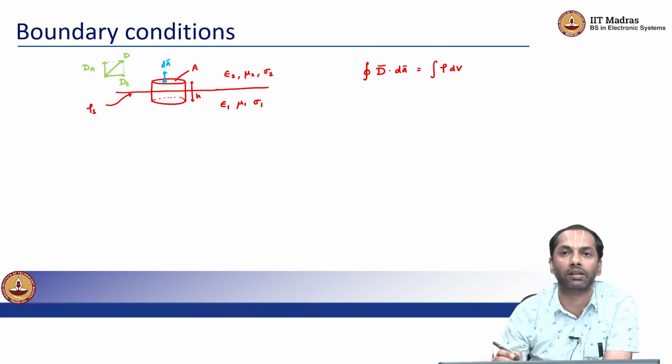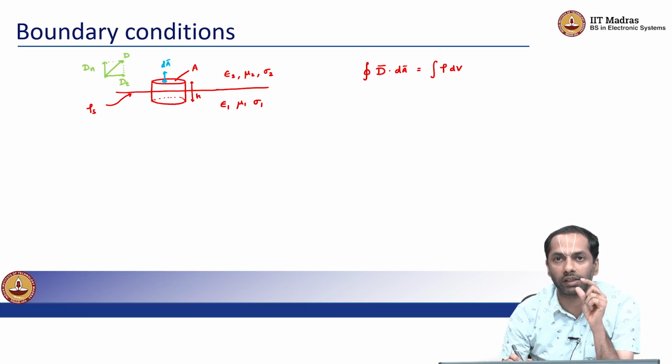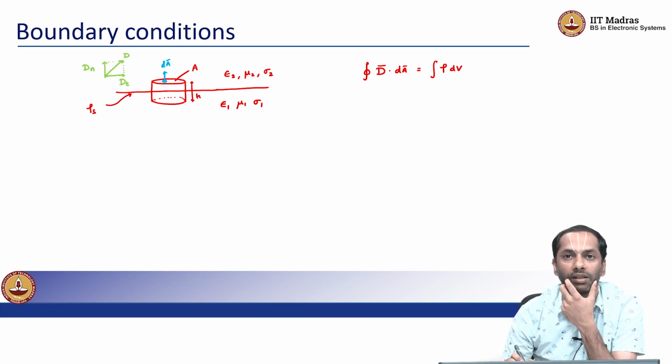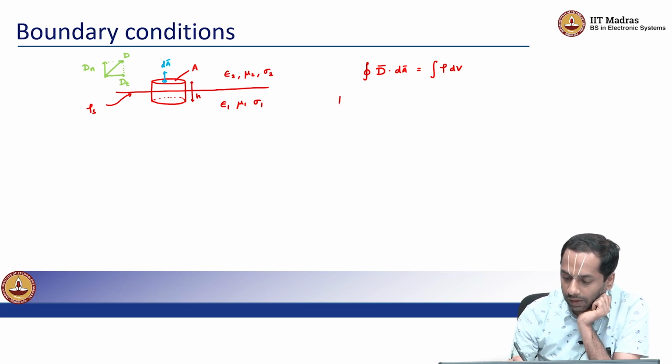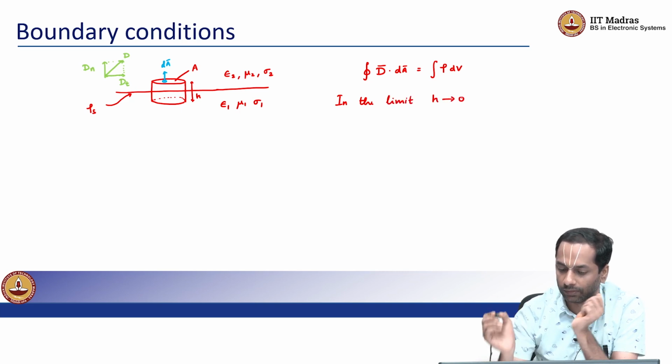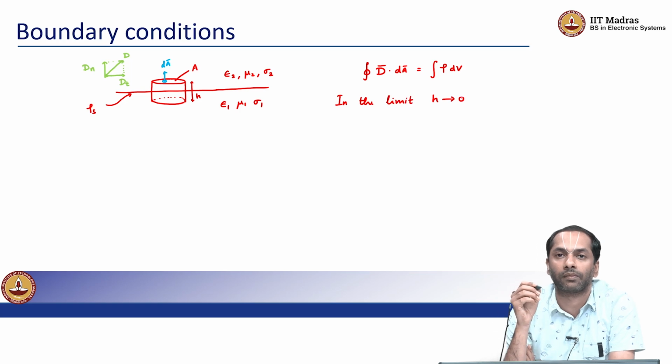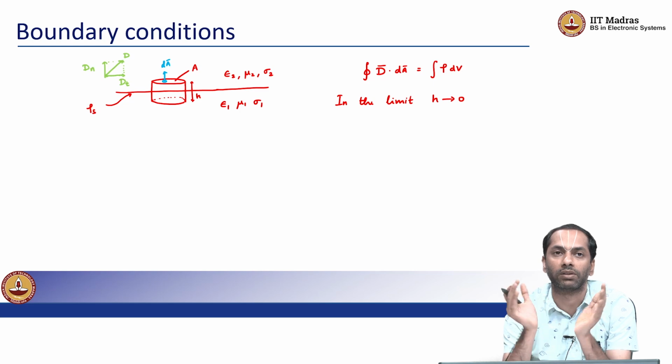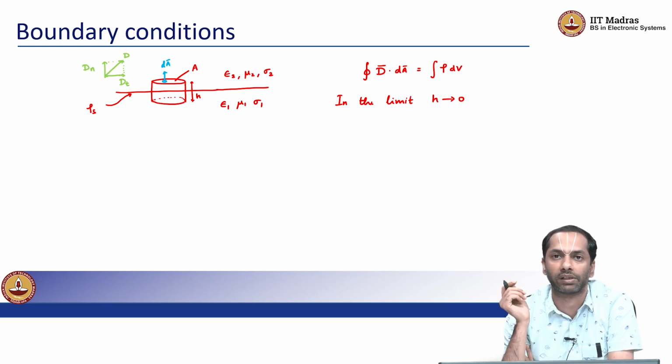So the trick here that we are going to do to get the boundary condition is, remember that we are going to make h arbitrarily small, right. So, in the limit h tends to 0, the contribution from the surface integral from the sides of the cylinder, the curved surface of the cylinder, is going to vanish, right.